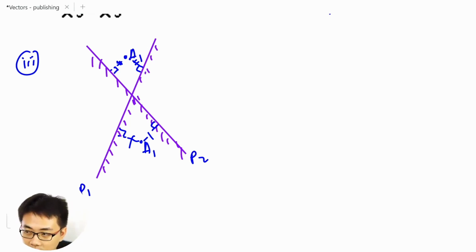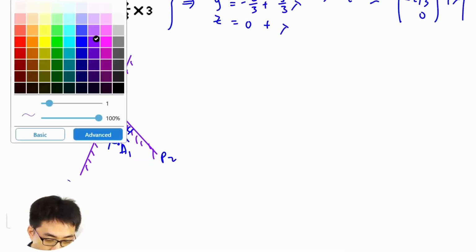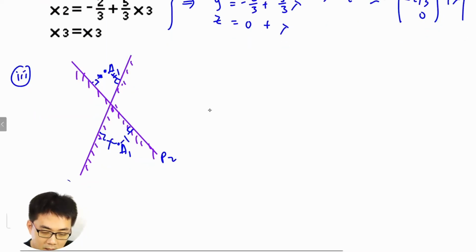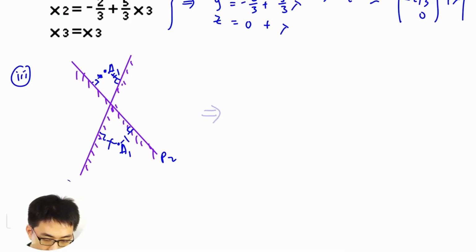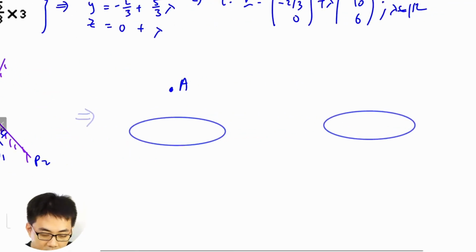Think about this. This relationship is between what? The point A and the plane. To simplify this, the whole equation can be simplified as the shortest distance from A to plane 1. That is the reason why it's difficult.